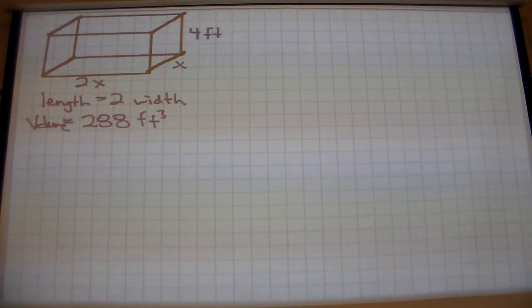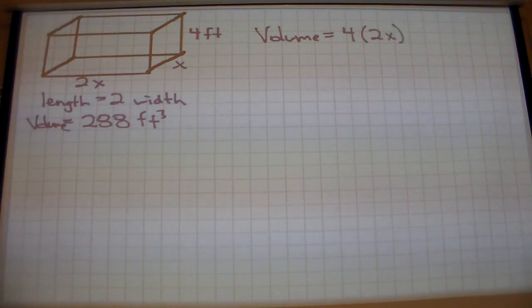So off of the length equals 2 times the width, we have those two dimensions. If I wanted to find the volume of the rectangular prism, I would do 4 times 2x times x. What does that multiply to become? 8x squared. Good. Equals the volume.